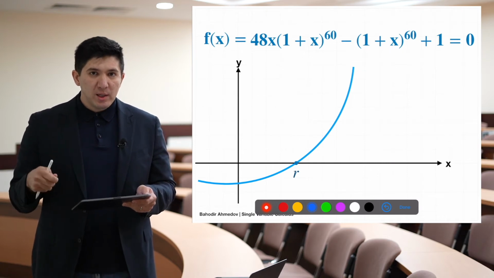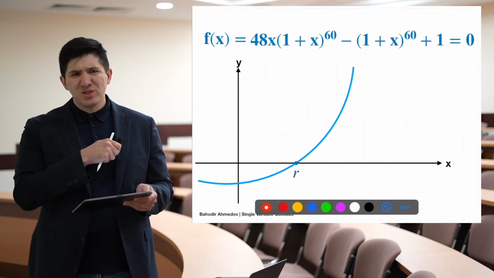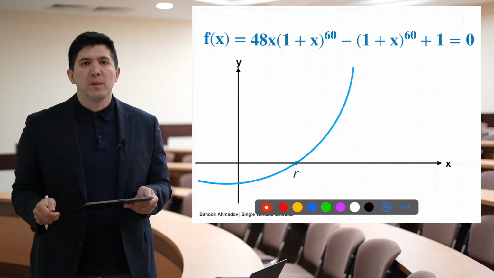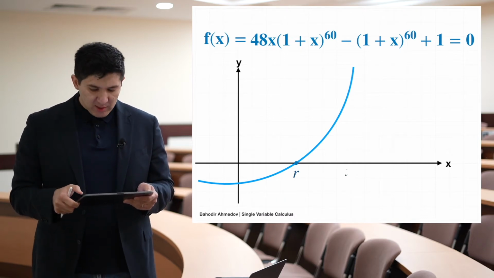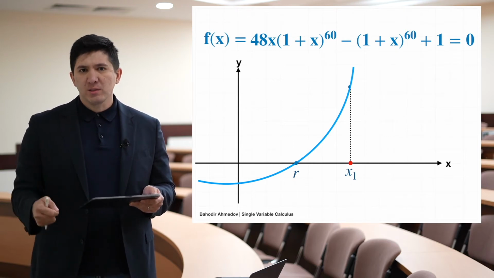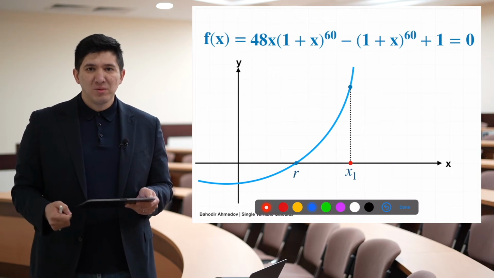So I would like to approximate this. I would like to guess this. I will choose any point on the x-axis, and say this is going to be my guess for the root. If I give you one point on the x-axis, x1, and ask you whether this is the root or not, how would you check this?